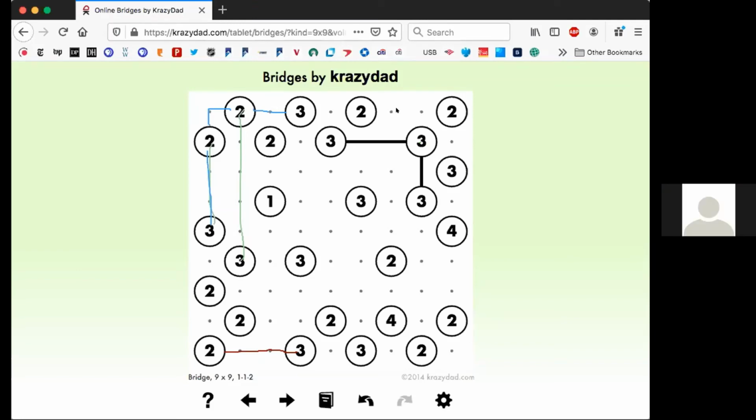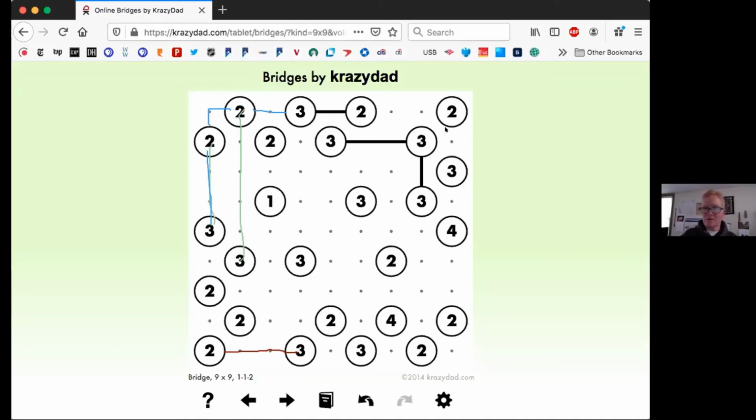just finish that thought, that 2 people have argued now that we cannot put both bridges across here for 2 very good reasons. So what does that mean for this 2? One of its bridges has to go where? To the left, to the 3. Yeah, 2 to 3. And what does it mean for this 2? 1 goes to the left, 1 goes down.